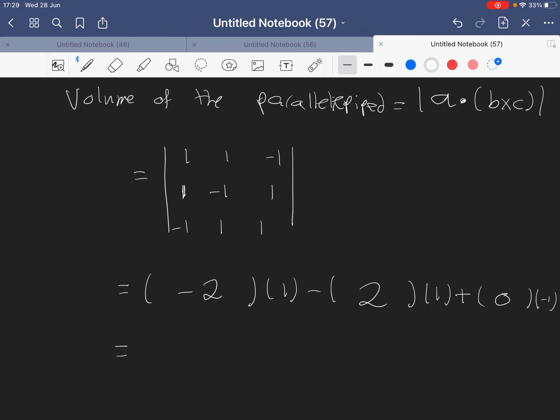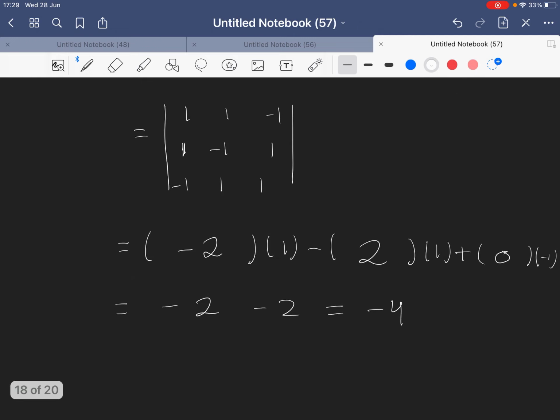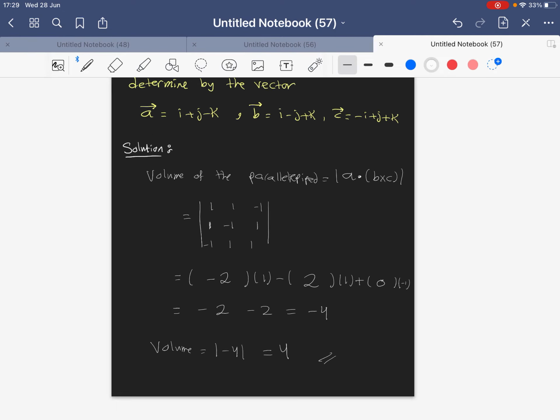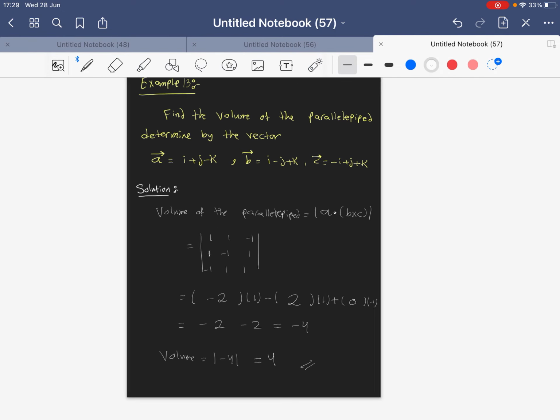And I think the final answer will be negative 2, which is, of course, negative 4. So the volume will be the absolute value of negative 4, which is equal to 4. And that's exactly how we find the volume of the parallelepiped.